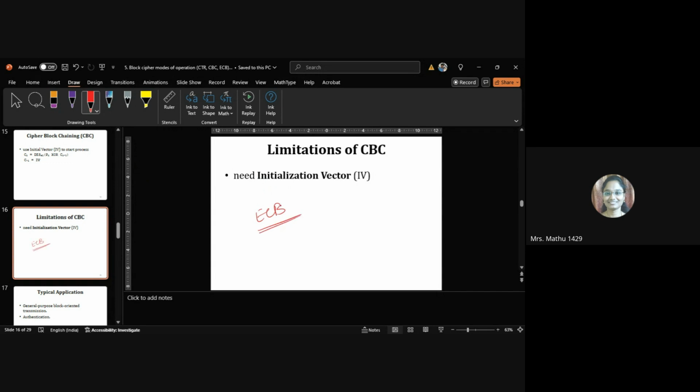Because ECB mode is very simple, as we have seen, it can be used for transmitting very small blocks of data. So we can choose some value for the initialization vector, and that value can be transmitted using the electronic codebook method, so that this value will be encrypted and sent to the receiver side.